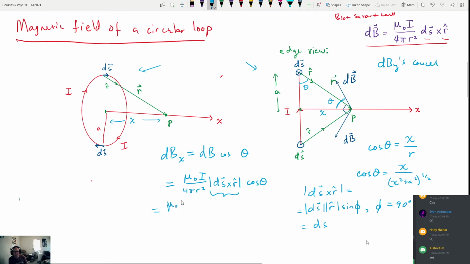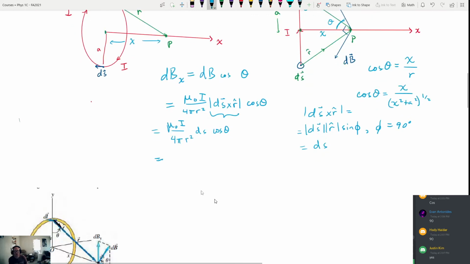mu naught I over 4 pi times r squared times ds times cosine of theta. But we said that cos theta was equal to x over r. So this is going to be mu naught I ds x over r.